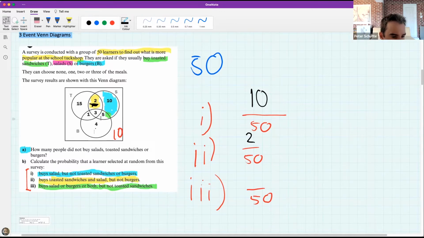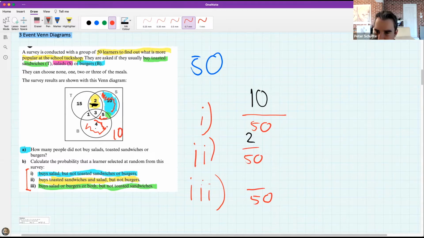Salad or burgers or both, but not toasted sandwiches. That is going to be this region here, this region, and this region over here. Because it can't be in toasted sandwiches, but it could be any other of those red parts.